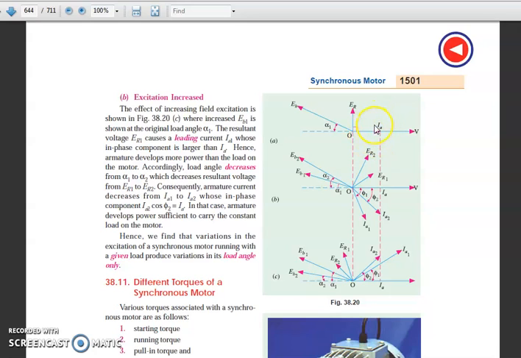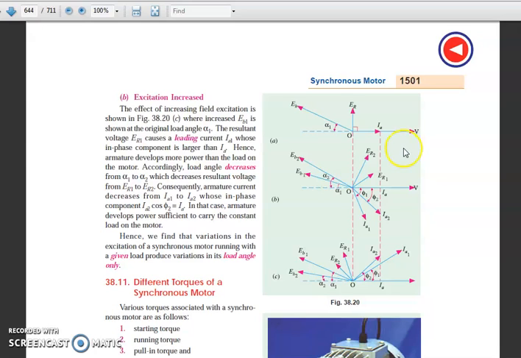Now this IA lags this ER, that means the resultant EMF, by exactly 90 degrees. But this IA is in phase with the supply voltage V. That means this armature current is in phase with the supply voltage, so in this case the motor will draw a unity power factor current.